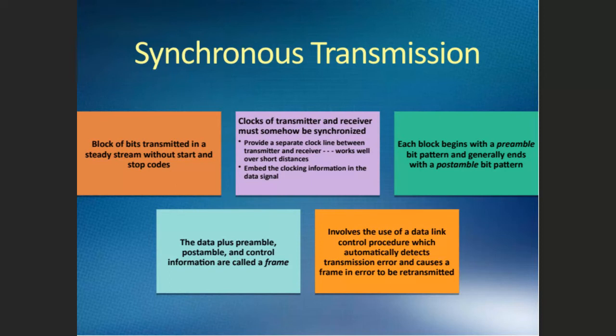The data plus preamble and postamble and control information is called a frame. So the whole data with the control and the postamble and preamble is called the frame. And we know frame is in which layer of the TCP/IP?